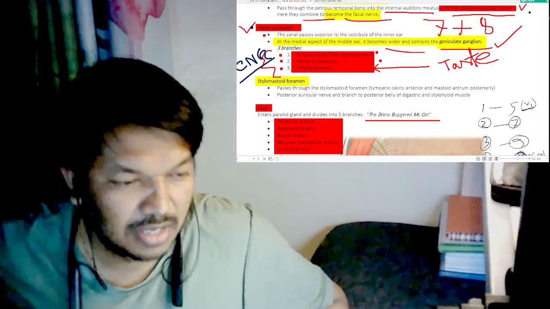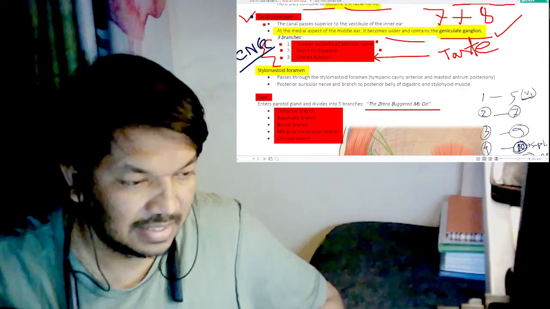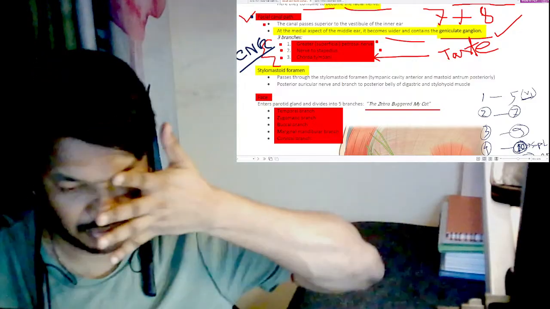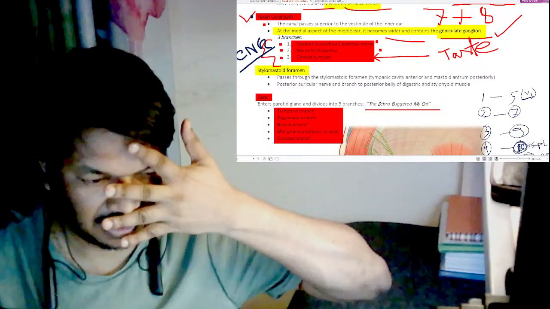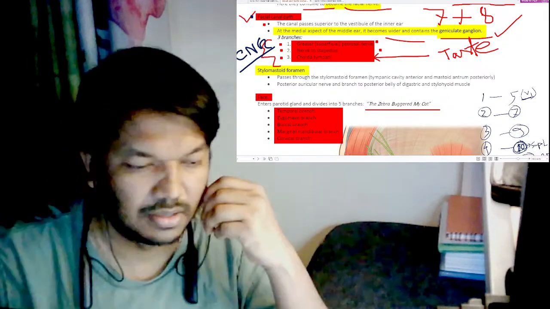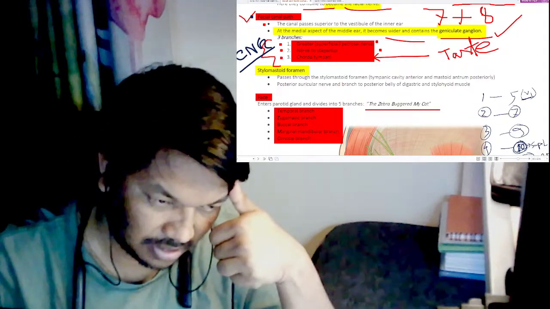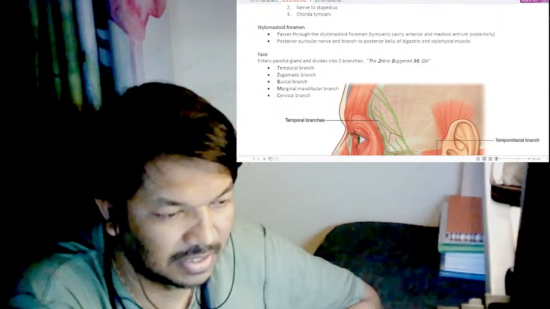Through the stylomastoid foramen, it comes into the face, and then it gives its typical five branches. As we know, the facial nerve has five branches: temporal, zygomatic, buccal, marginal mandibular, and cervical.